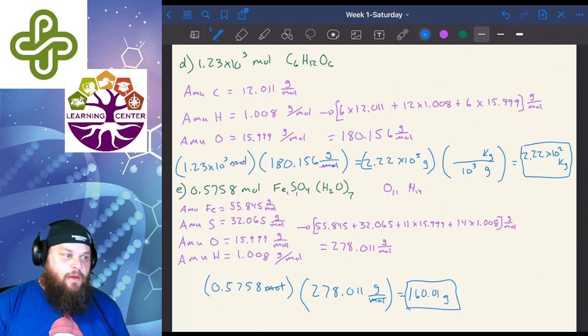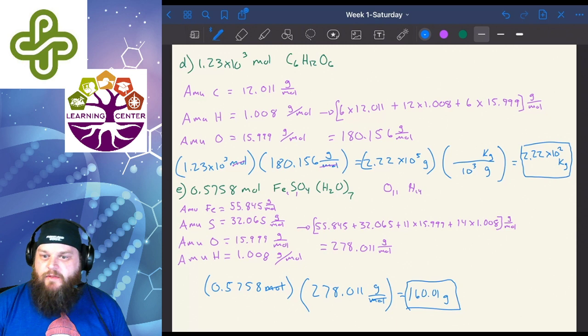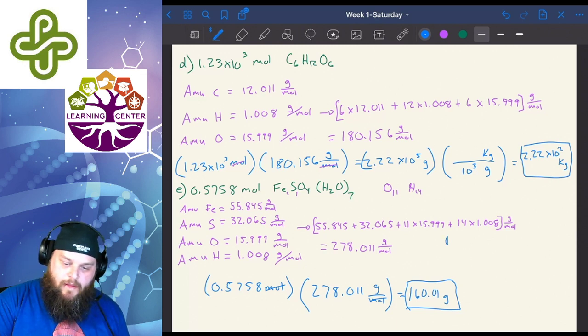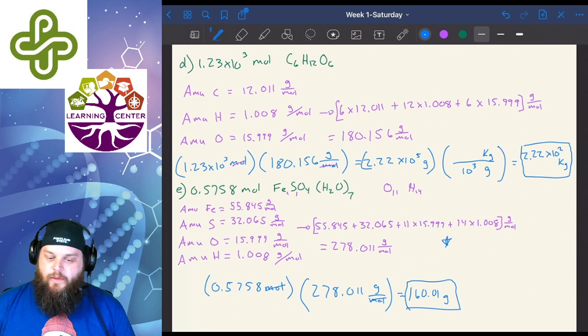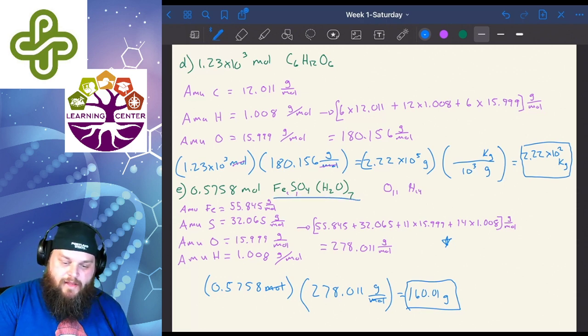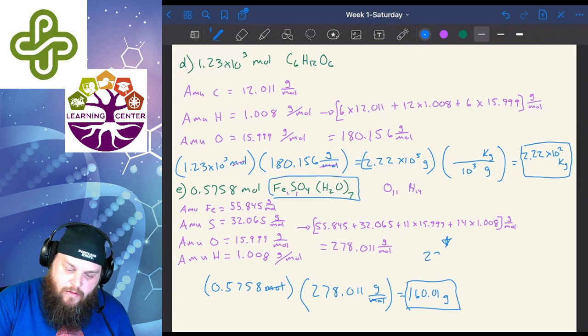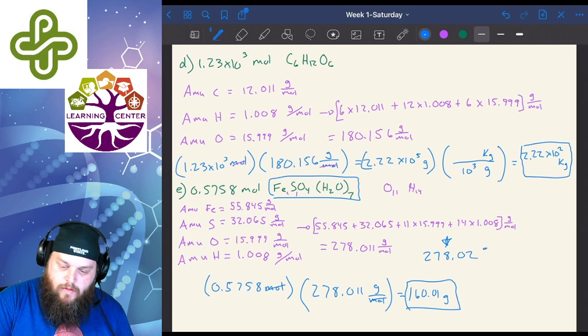I should also point out that there's sometimes an easier way to find the molecular mass. In the modern world that we live in today, you can just look up these things. A lot of these things are tabulated on the internet. Do a quick Google search for the molar mass of this compound, and you're actually going to get 278.02.